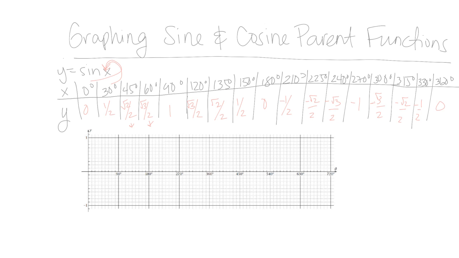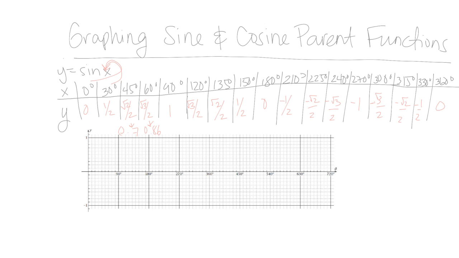But I still want to be able to estimate where they would go. So root 2 over 2 is approximately 0.7, and root 3 over 2 is approximately 0.866.